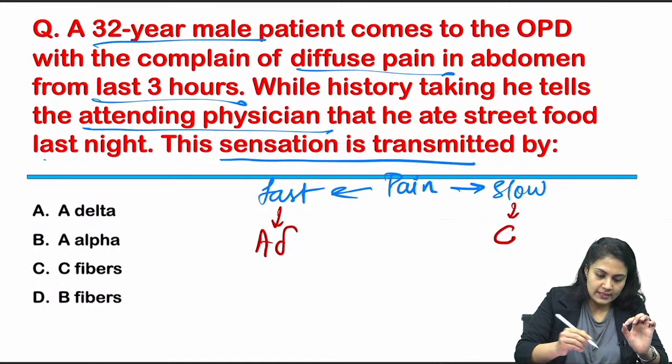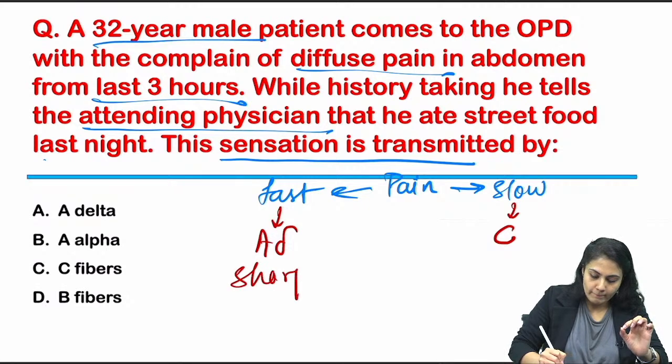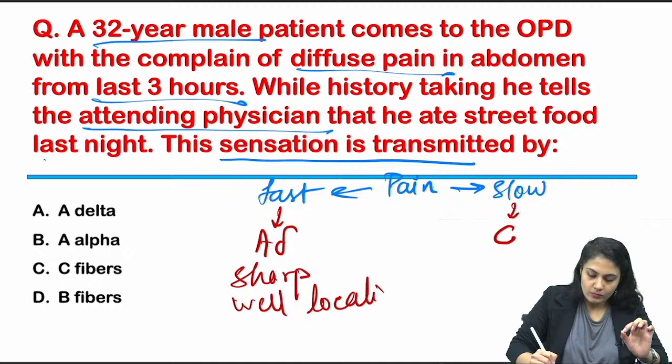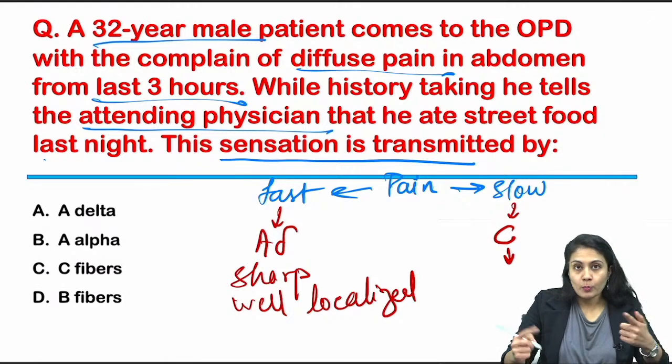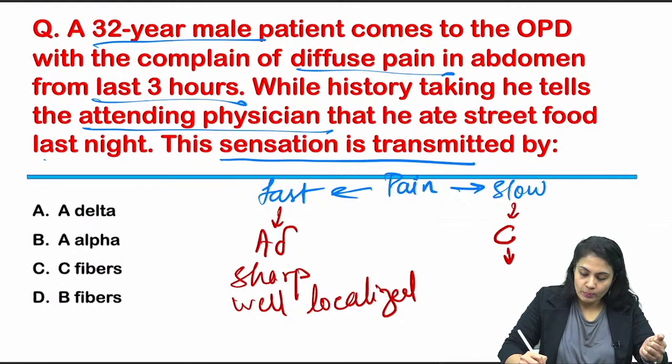That is epicritic pain. Protopathic pain is the slow one. It is dull and diffuse, right?